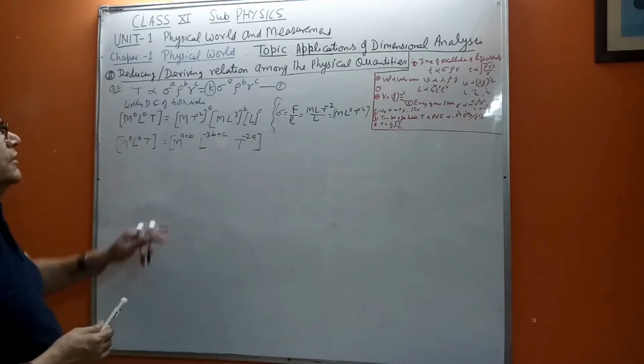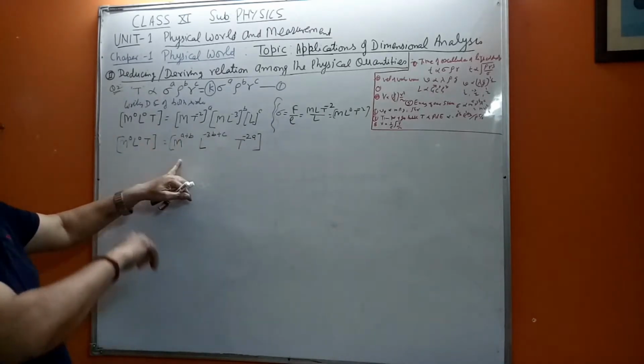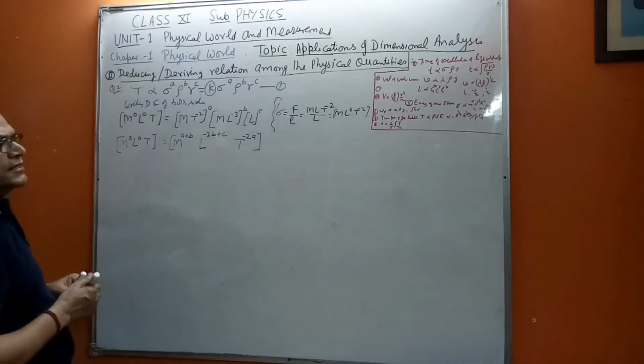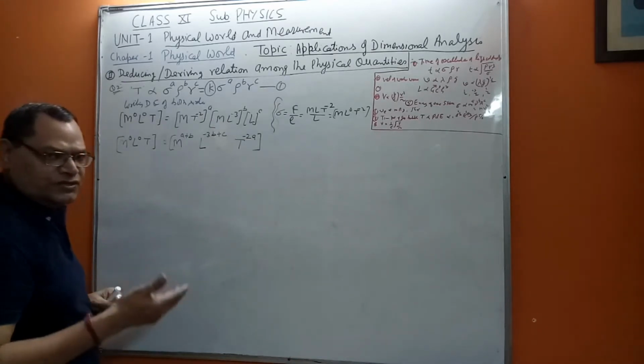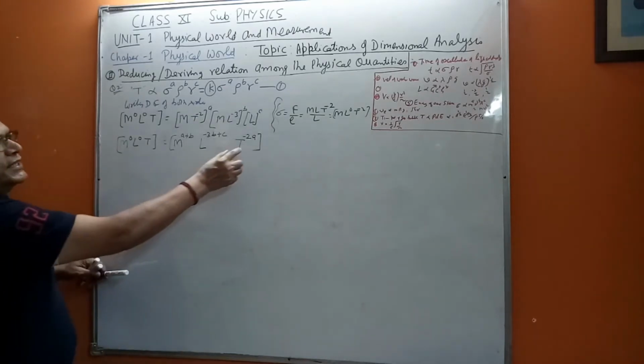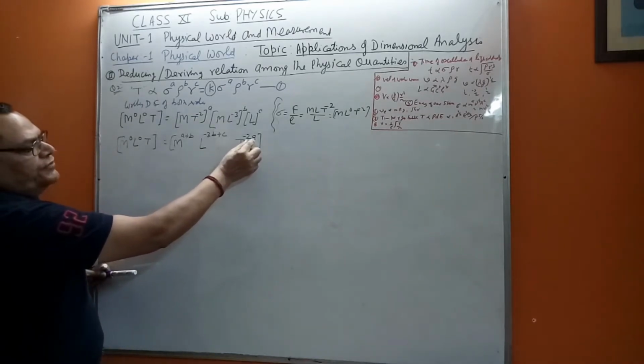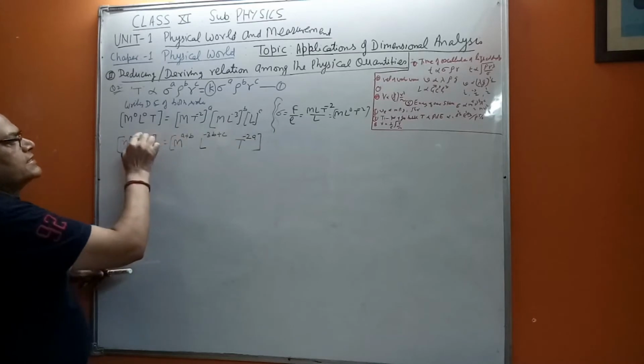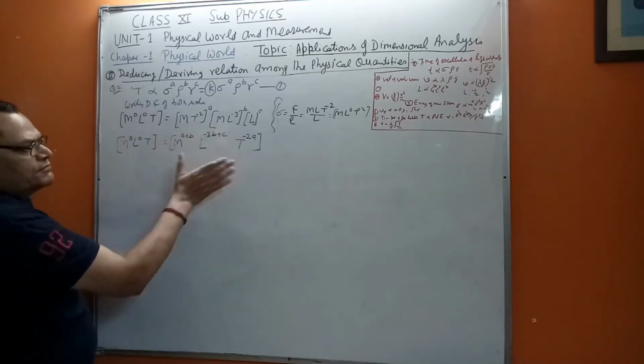Clear? Now what is the next step? We will compare the powers, and as I suggested, we can take the comparison from which we get some direct answer. If you take time, when you compare the powers of time, you have minus 2a on one side and 1 on the other, so you get a direct value.